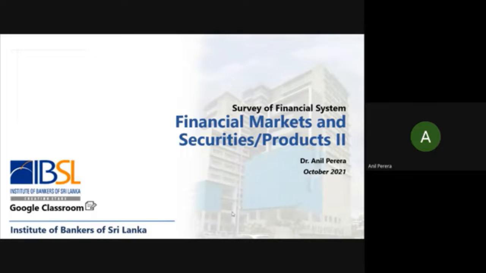I think I mentioned to you that you have to keep tracking the central bank policy announcements, because with each and every policy announcement there could be a change, and that will affect your exam, because there will be questions on the monetary policy instruments and the level of rates, so you have to know them.